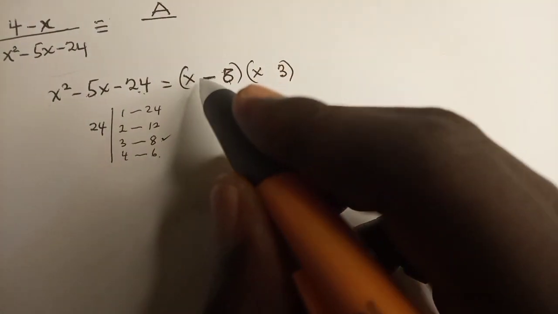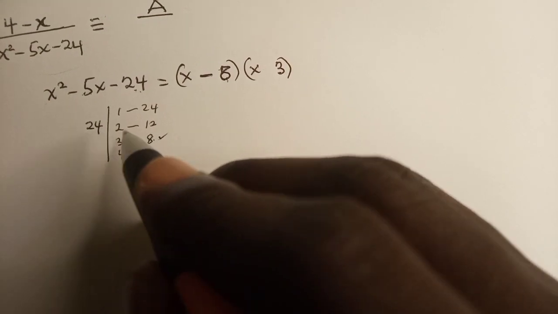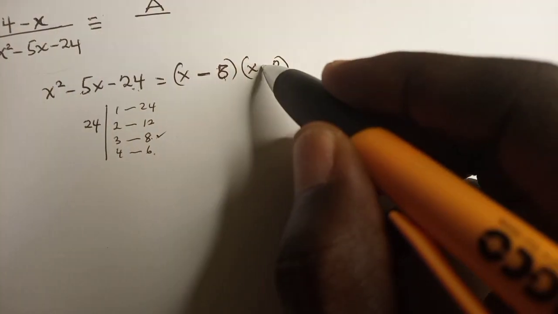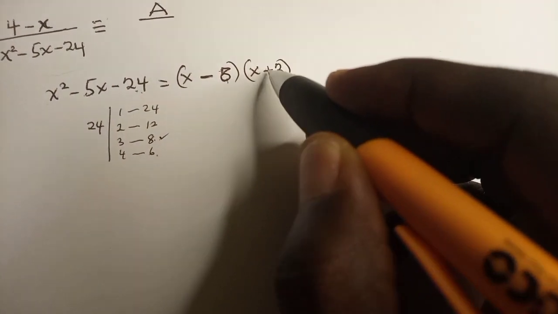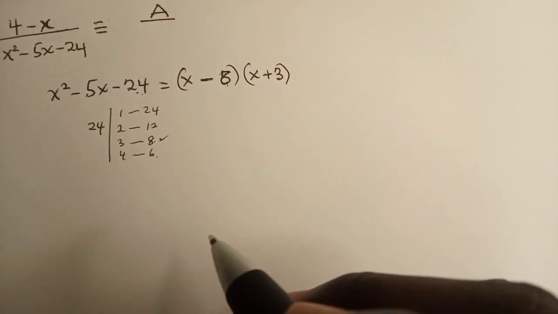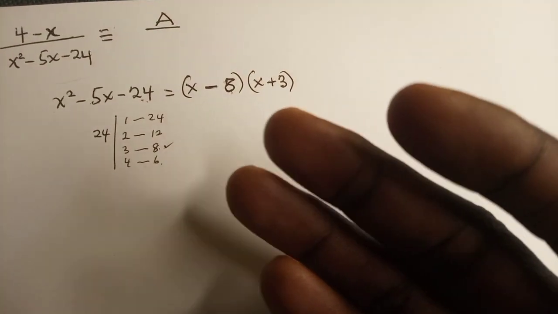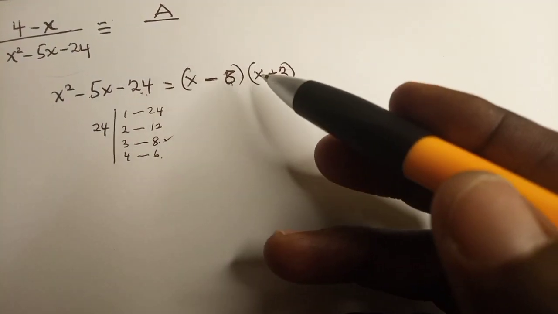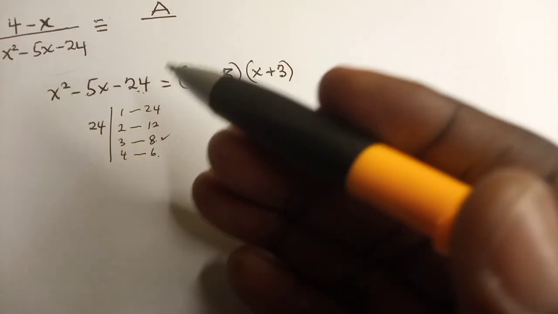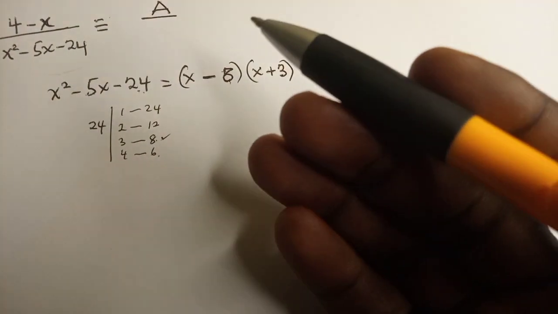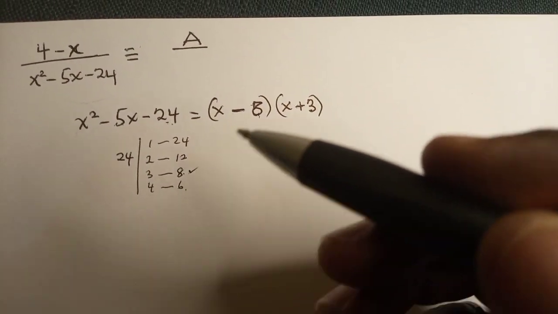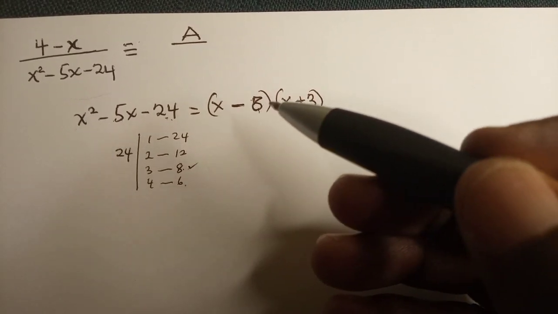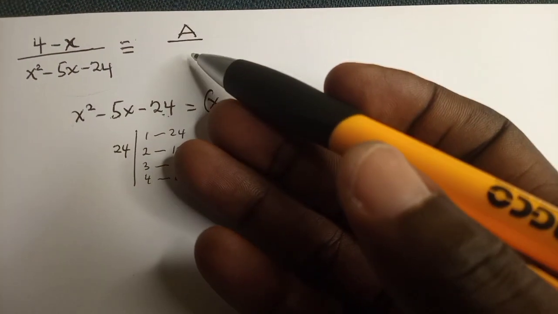That is negative 8 plus 3, which gives negative 5. You can check my previous video on how to easily factorize a quadratic trinomial.